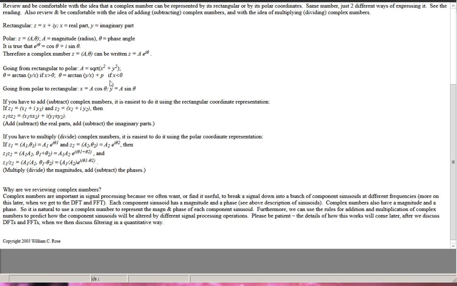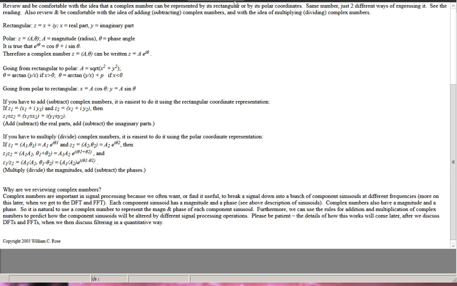Phi equals arctangent y over x plus pi if x is less than 0. Going from polar to rectangular, I remember doing this a long time ago. X equals a times the cosine of theta. There's the conversion right there.